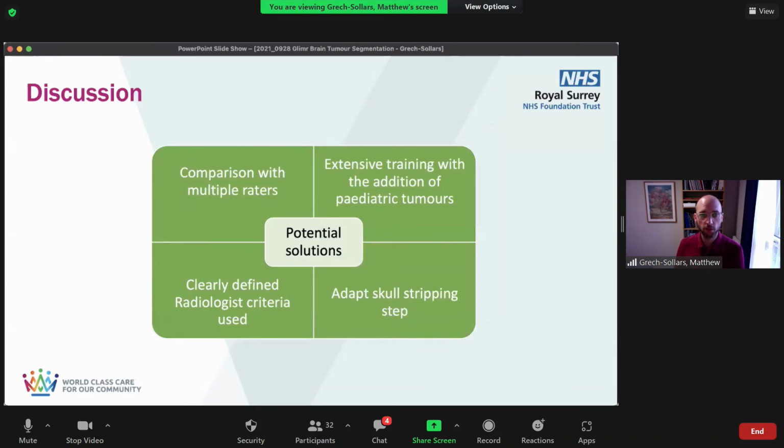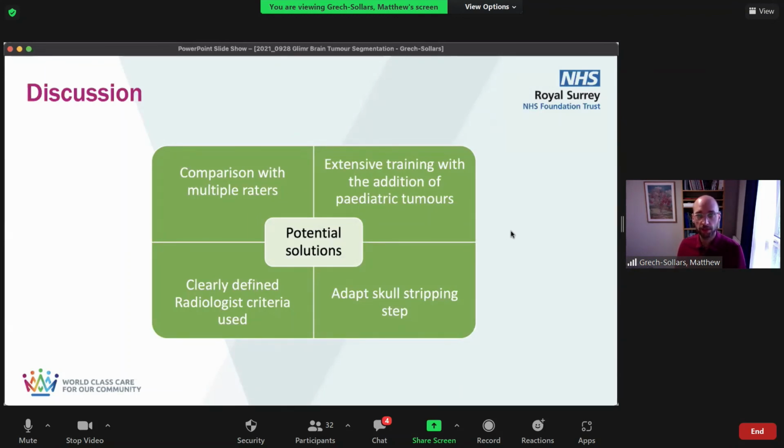In terms of potential solutions, what we're suggesting is that for ground truth, we do need comparisons with multiple raters. It is not sufficient to have one radiologist's view, but we do need multiple views, particularly for training data sets.